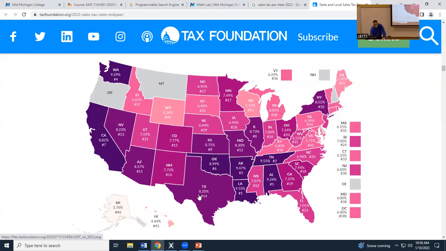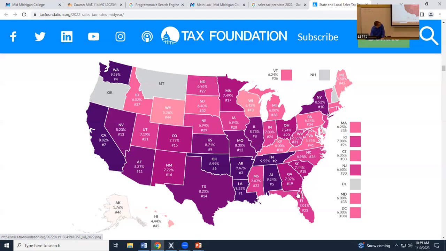But we'll see later that if you look at the state income tax in Texas, it's actually zero. There's no income tax in Texas. So all of their revenue comes from the sales taxes. All of the revenue in Montana comes from income taxes and property taxes. In Texas, it all comes from sales taxes and property taxes, I guess.